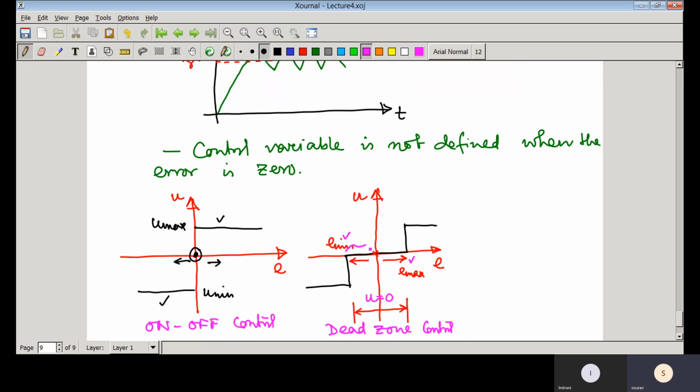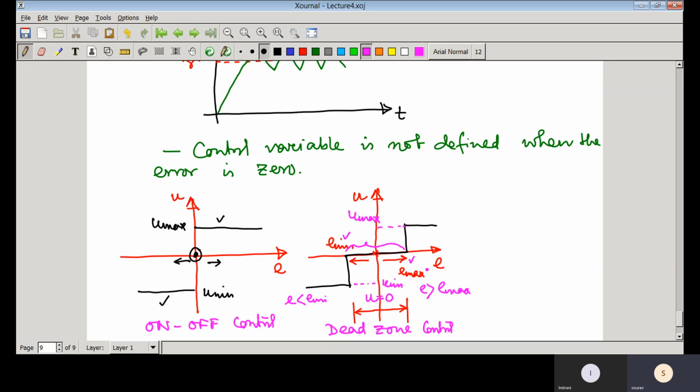So we are allowing some dead zone here where there is no control input, u equal to 0, but when the error is greater than E max, then immediately we apply u max. Similarly, when the error is less than E min, then we apply u min.